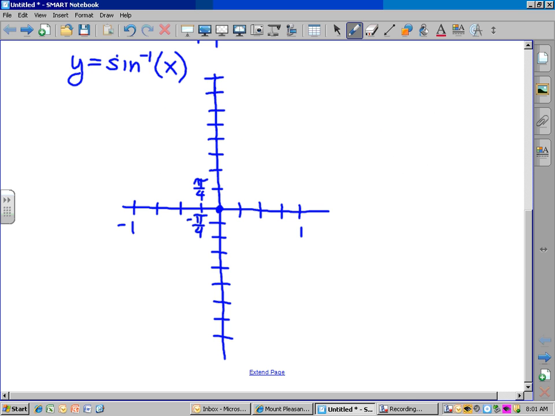Now at 45, or pi over 4, where were we at on the sine graph? 0.7. Okay. So, it's about right here, right? Follow me? At pi over 2, where was I at? 1.